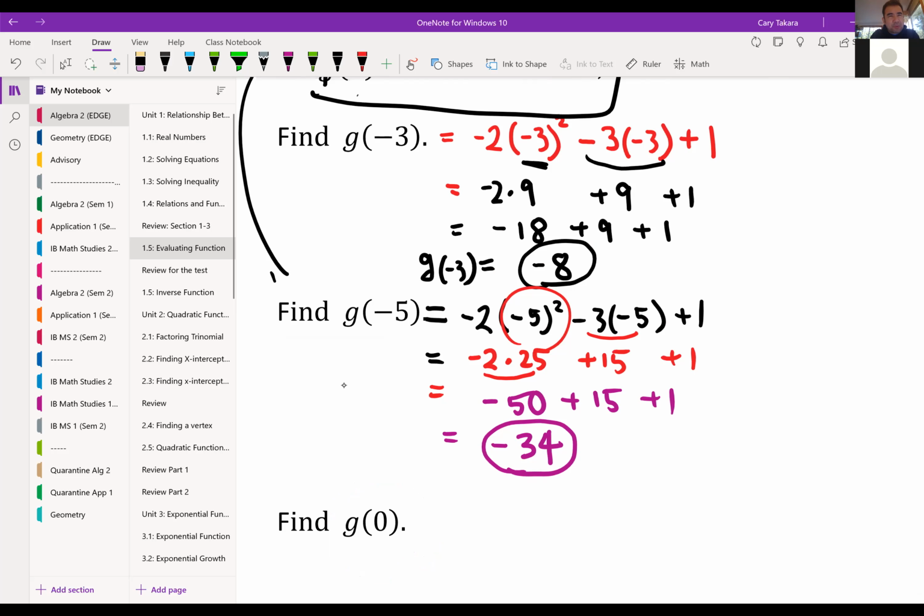Usually 0 as an input is easy to evaluate because you can kind of do this all in your head, but let me write it down.